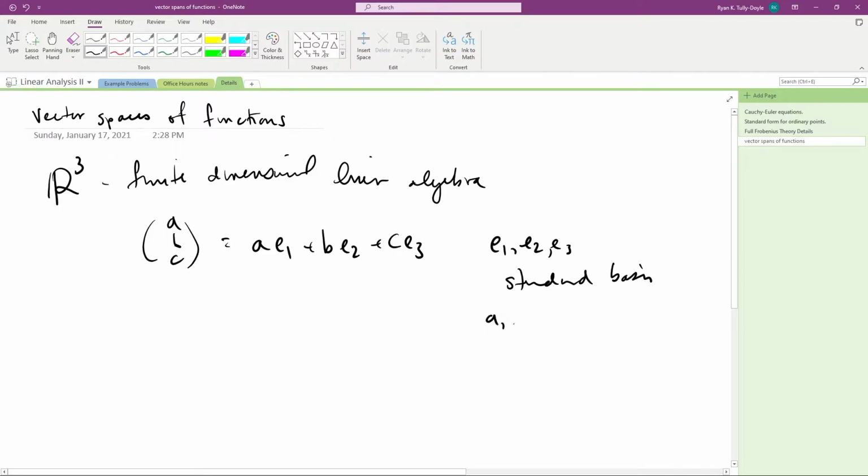And a, b, and c are called the coordinates. What the coordinates do is they tell you the particular way that you can combine e1, e2, and e3 together in order to get the vector (a, b, c) out the other side.